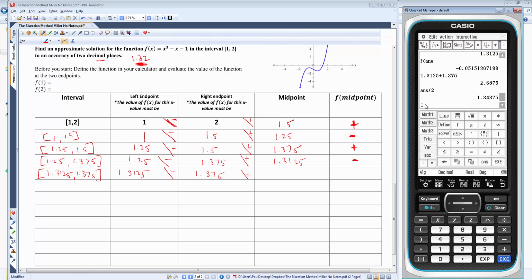Divide that by 2 and find f of the answer, or find the y value when x is the midpoint. So our midpoint, we'll just note that down, is 1.34375, and that produced a positive.